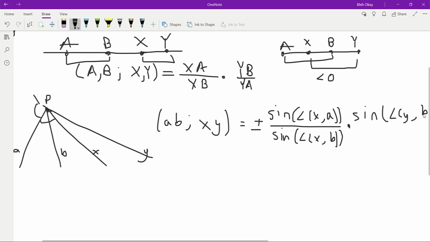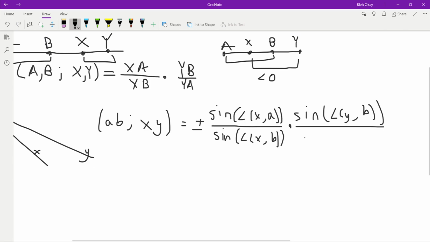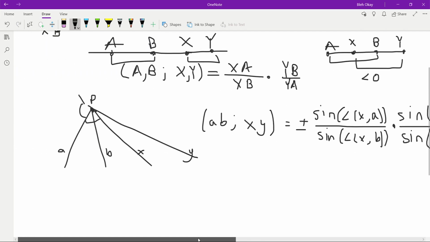Now we have this plus or minus because we have no convention for directed sines, like before where we had directed ratios. I mean, sine can be positive or negative, but we're going to have only positive values, right? Because these angles are going to be less than 180 no matter what.